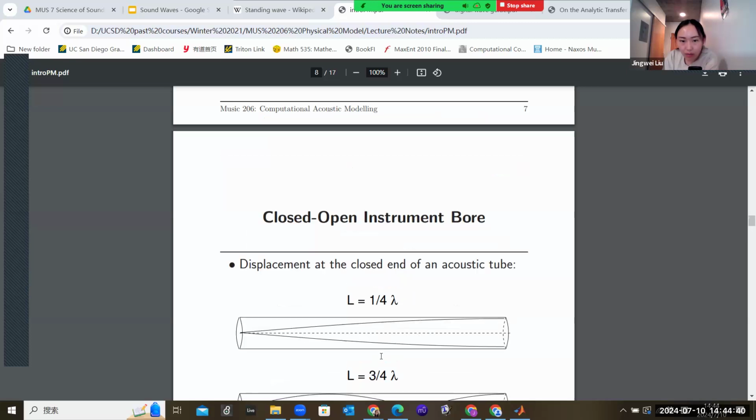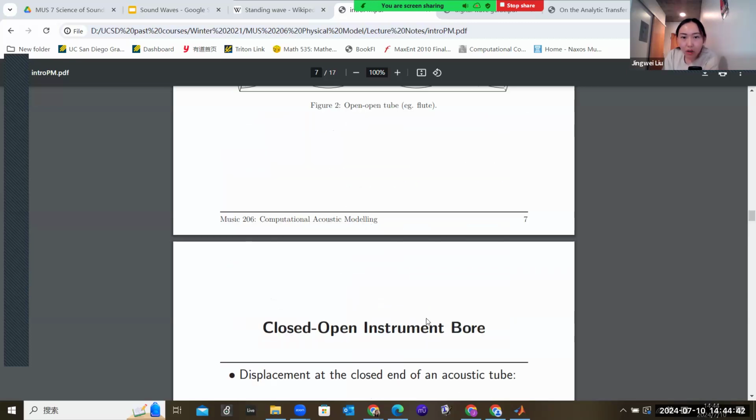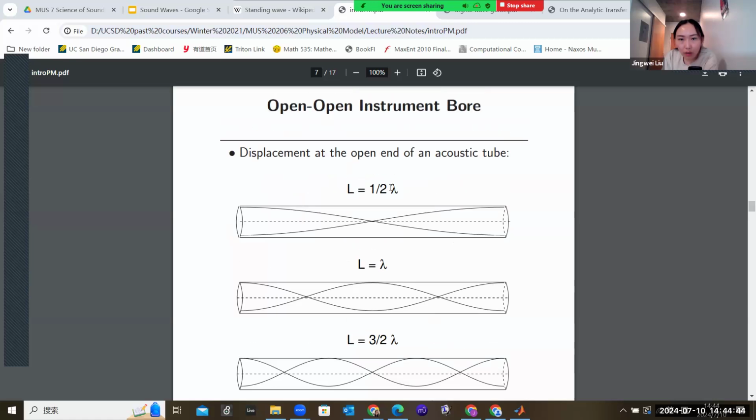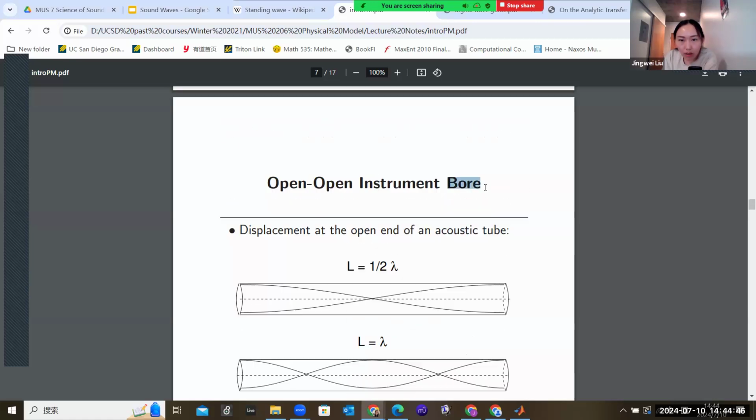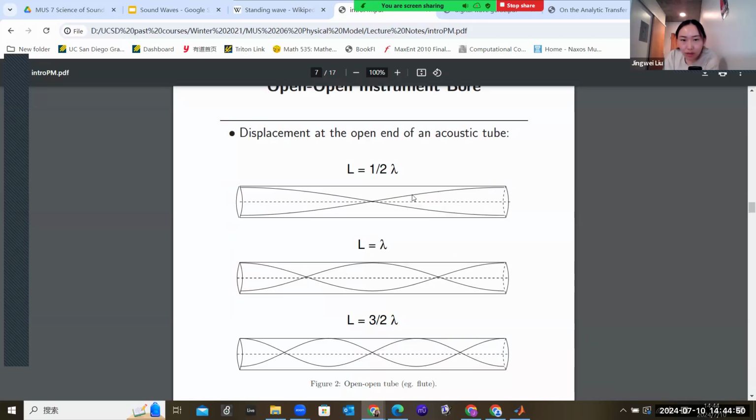5 over 4 lambda. And there is also a kind of bore instrument with open ends, okay, with 2 open ends. So if it has 2 open ends, it will look like the cosine, right? And it will be 1 over 2 lambda, and 3 over 2 lambda with open ends.